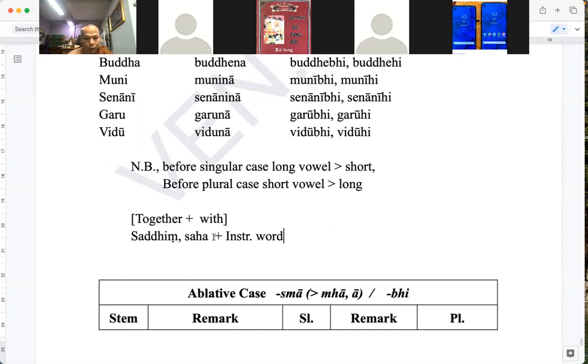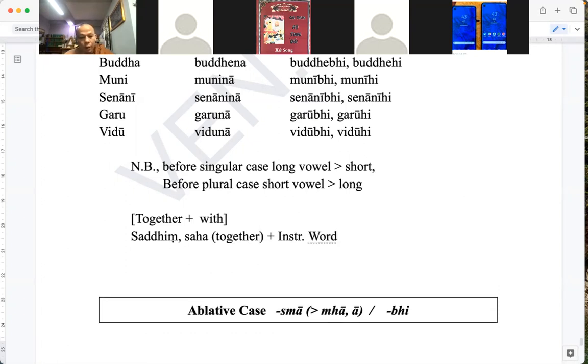The meaning of Saddhim, Saha is together. So Bodhina saddhim means together with the Buddha, a construction in this way.